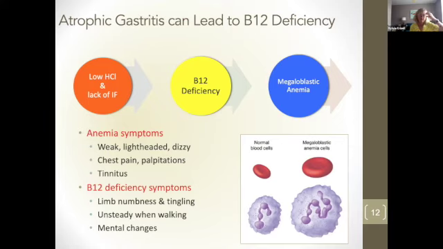And so people get this, and if unchecked and they're not taking supplements, that can lead to vitamin B12 deficiency. There are many symptoms of B12 deficiency. It's a bad one. The actual name of full-blown B12 deficiency is called pernicious anemia.